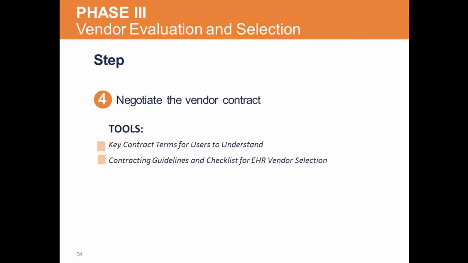Prior to negotiating a contract, take the time to fully understand each contract element and its impact, not only on the purchase of the product, but also on the installation, implementation, utilization, maintenance, and support of the product as well. Once you have selected your preferred vendor and have an understanding of the contract terms, you are now ready to begin the contract and negotiation process.